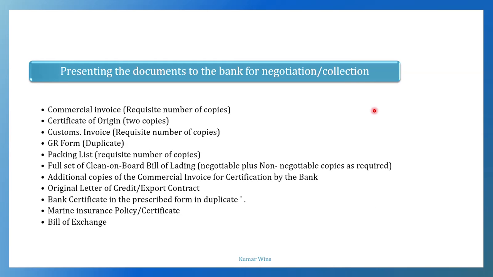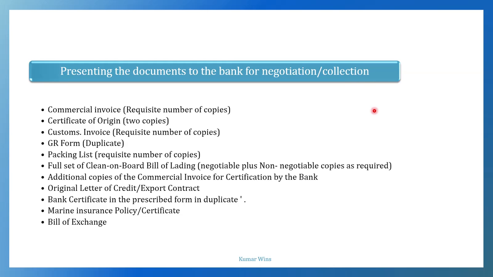Then the next document is the packing list. They might ask you to submit a particular number of copies. It could be 3, 4, 5, depending on their requirement. Then a full set of clean onboard bill of lading, negotiable plus non-negotiable copies. Then some additional copies of the commercial invoice for certification by the bank.